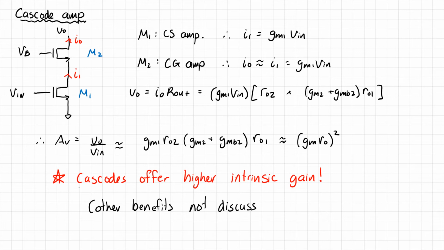Very briefly, you can think of something like isolation. Normally we have this CGD capacitor, and that can provide some Miller multiplication of that capacitor, which can unduly load your circuit. And the cascode offers a little bit more isolation of that because the voltage gain doesn't happen at the I1 node. There are benefits like this.